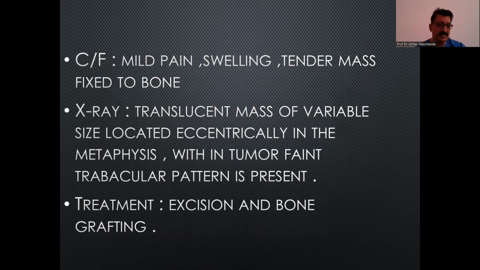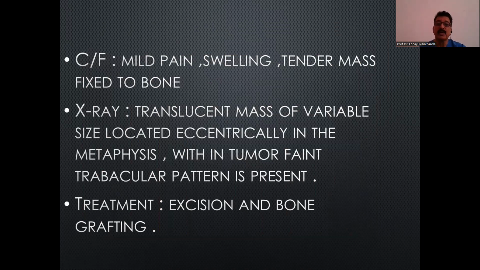Now, as far as clinical features are concerned, the patient may present with mild pain, swelling. There is a mass attached to a bone. On X-ray, you can find a translucent mass of variable size located eccentrically in the metaphysis.